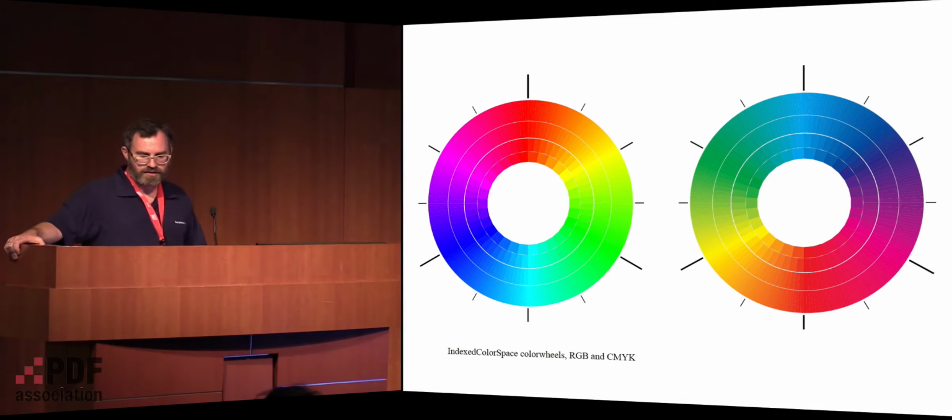I'm using index colors for them, but in the inner wheel I'm using fewer colors, and as I go out, I'm increasing the interpolation between the colors, going from the primary and secondary colors.